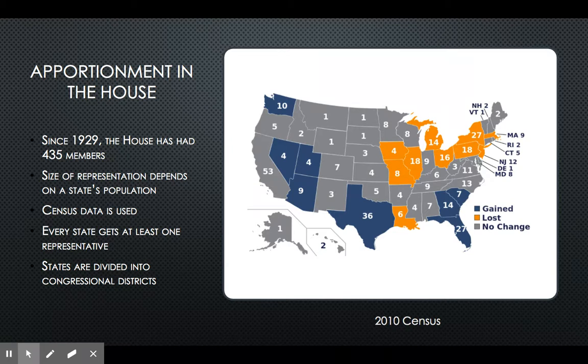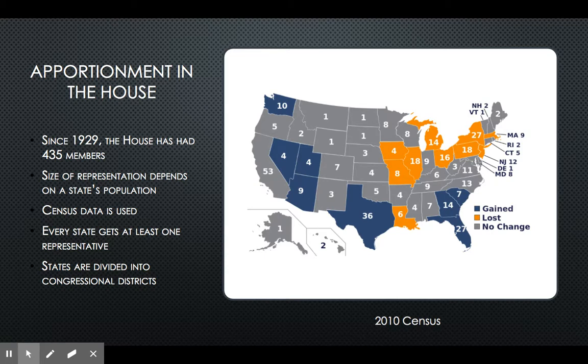States with larger populations, like California, are going to have more representatives, whereas states with smaller populations, like Vermont, which is a small state, or Montana, which has a lot of wide open land, are going to have fewer representatives. And every state is going to get at least one representative.